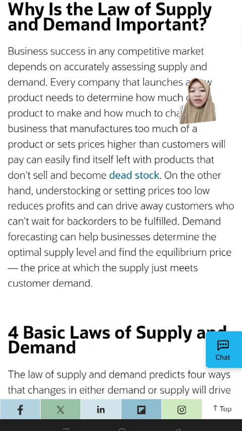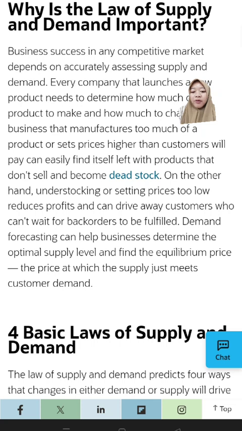Demand forecasting can help businesses determine the optimal supply level and find the equilibrium price, the price at which the supply just meets customer demand.